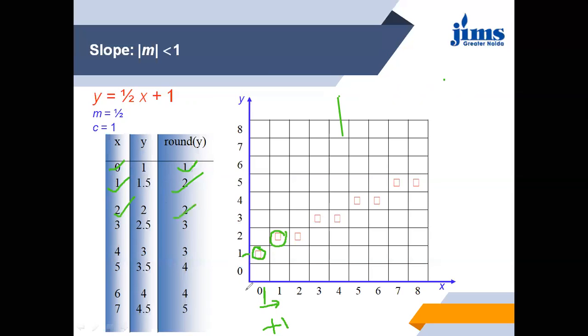So in x direction, we increment our pointer by 1. But you can see that in y direction, this is again the same. That is 2. It's not 3.